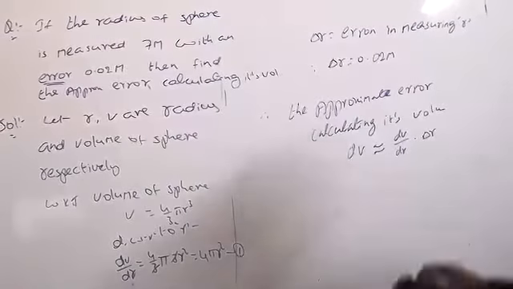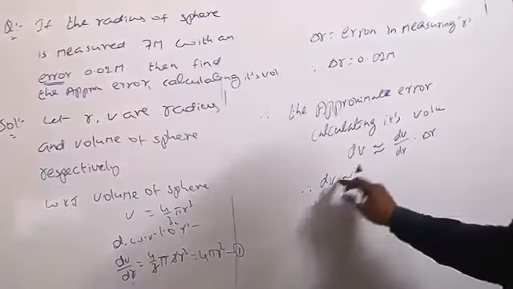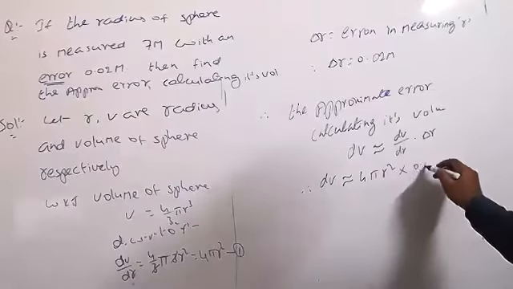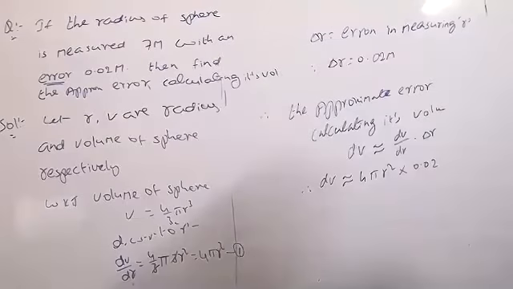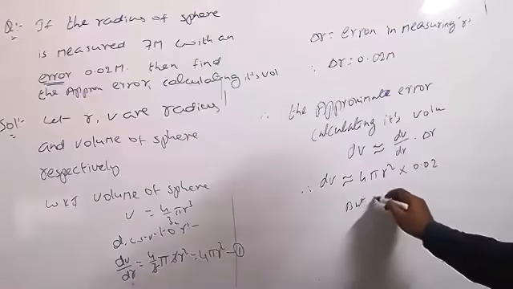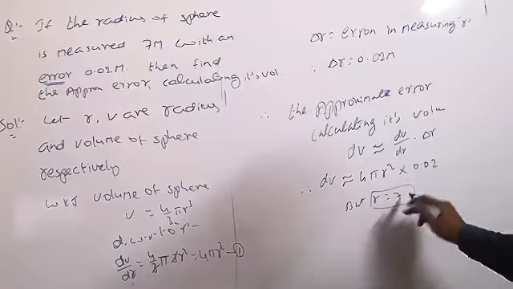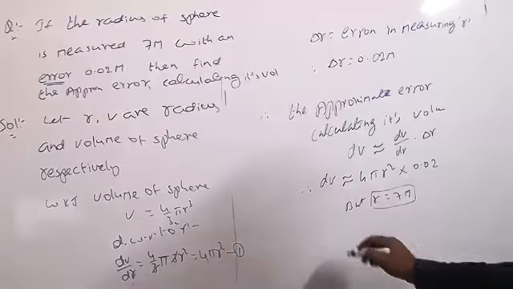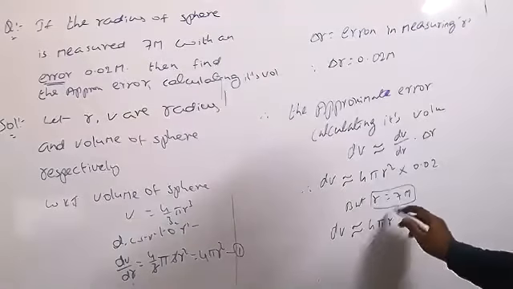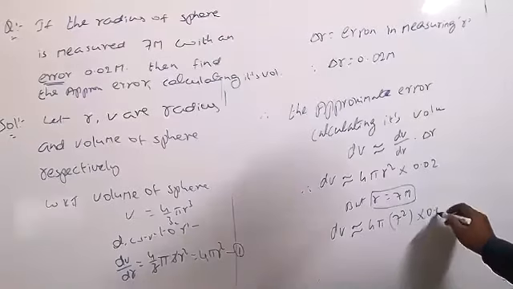Now substitute everything. dv is approximately dv by dr, which we just got as 4 pi r square, into 0.02 meters. And r equals 7 meters, as given. So dv is approximately 4 pi 7 square into 0.02.